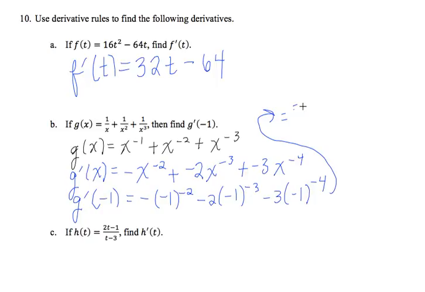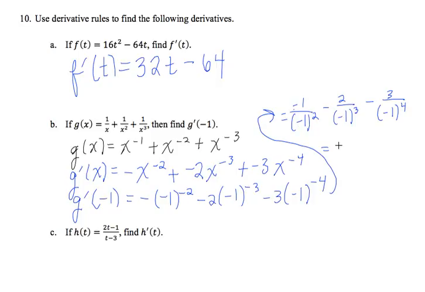So that would be negative 1 over negative 1 squared. Negative 1, I better write it out. Negative 1 squared. That's the negative 1 to the minus 2. And this becomes minus 2 over negative 1 cubed minus 3 over negative 1 to the 4th. So negative 1 squared is 1.